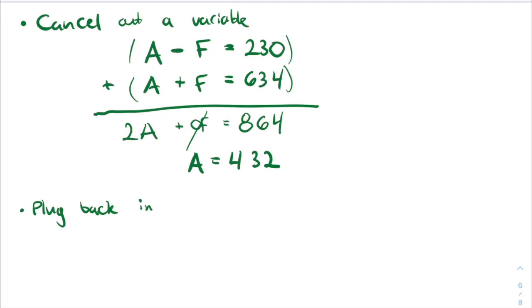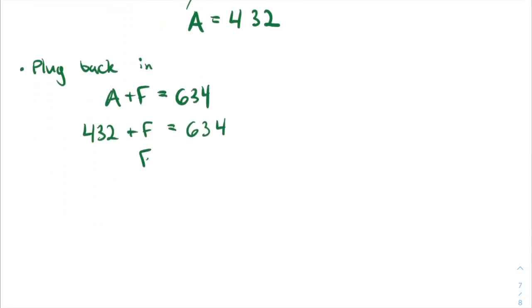Let's take either of our equations. I'll say A plus F equals 634, and let's plug in what we know, that A equals 432, to get that 432 plus F equals 634, and that F equals 634 minus 432, which equals 202.